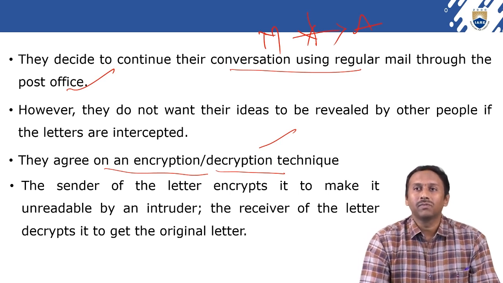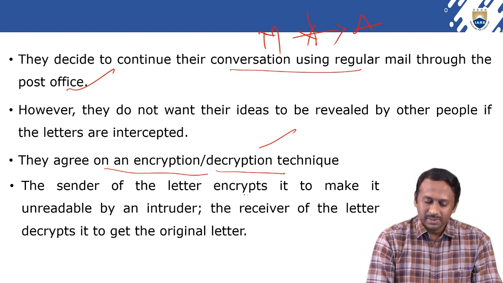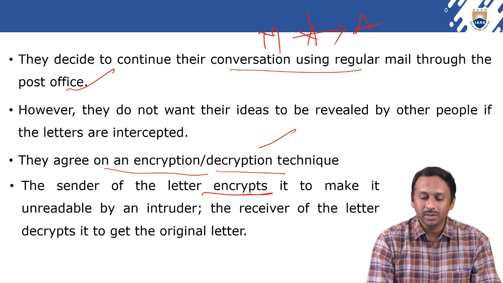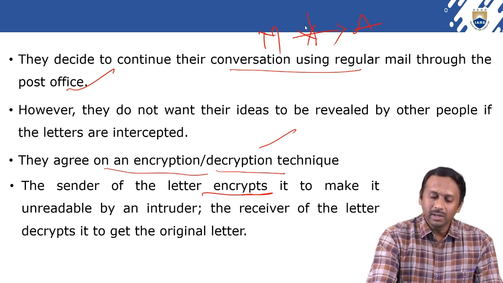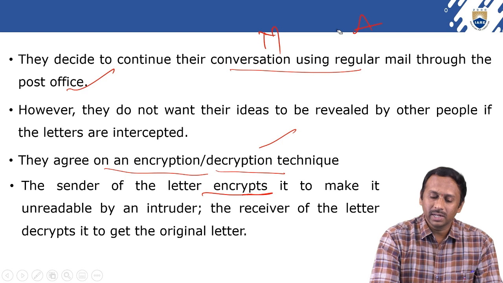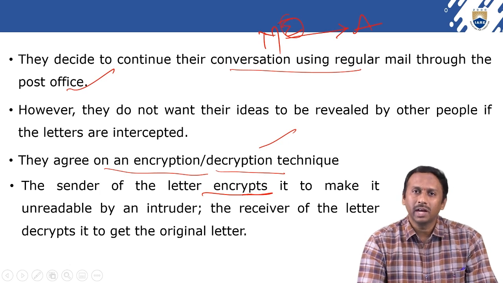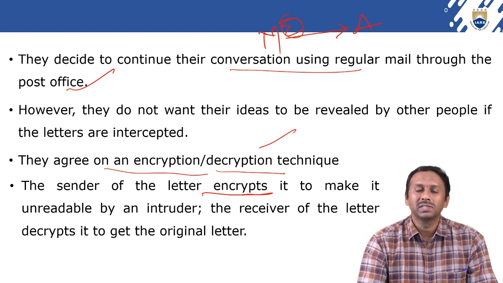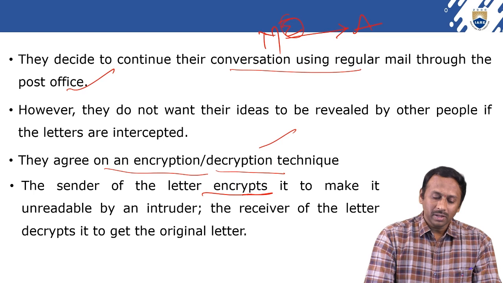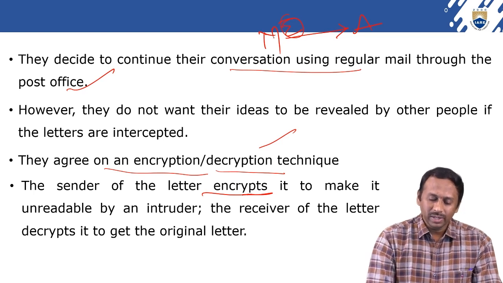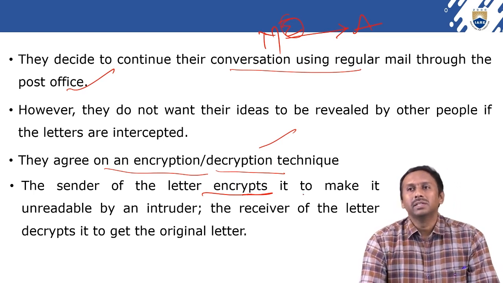The sender of the letter encrypts the letter. For example, Maria is going to send a letter to Anne, so Maria is going to encrypt the letter. I will tell you in detail what encryption and decryption are.